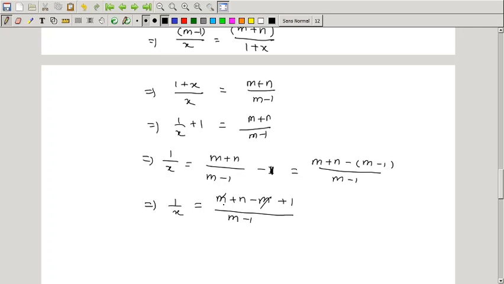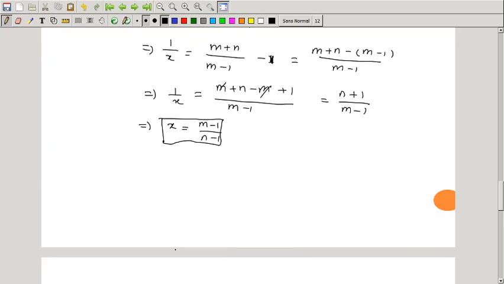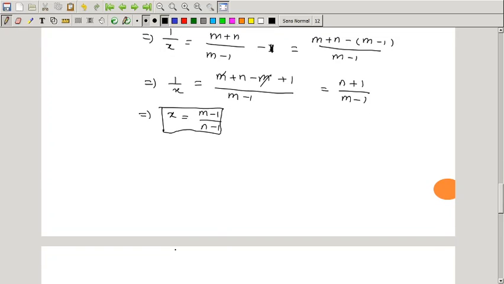So this gets cancelled, and only the terms remaining are (n plus 1) upon (m minus 1). So this is 1 upon x. Taking the reciprocal of it, x is equal to (m minus 1) upon (n plus 1). This is the x value. Now if I put this value in the second derivative and the second derivative is negative for that particular x, then this x is a mode.